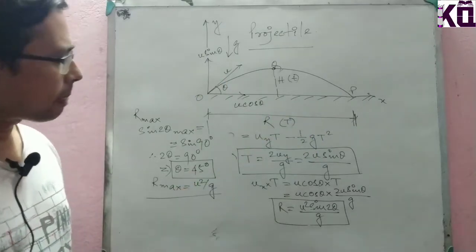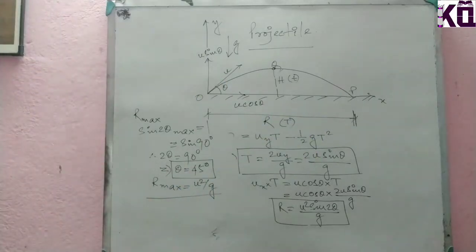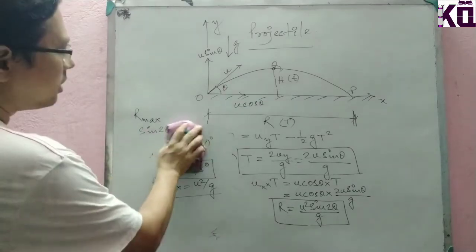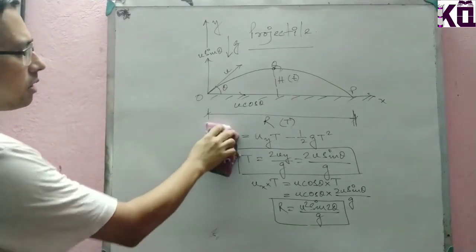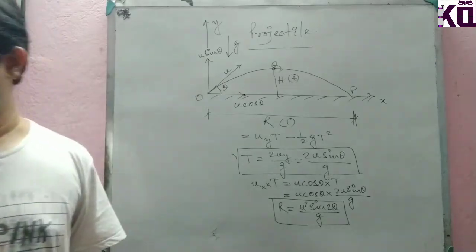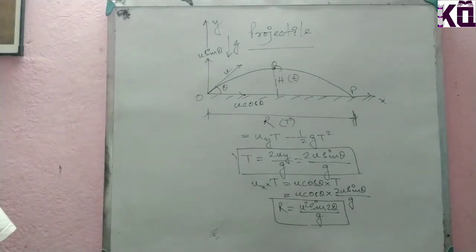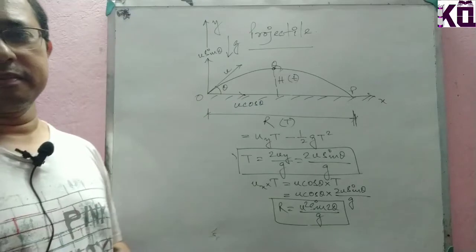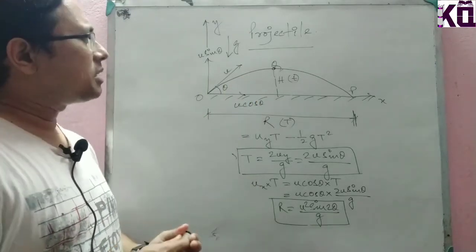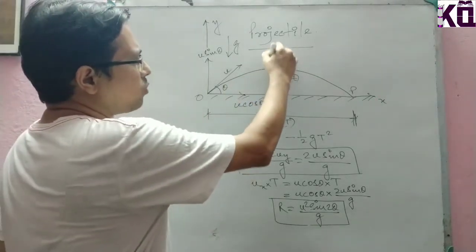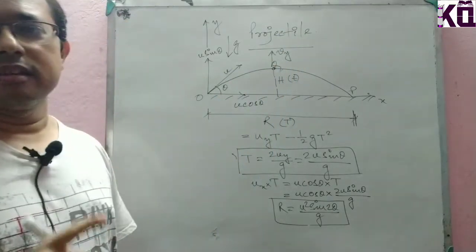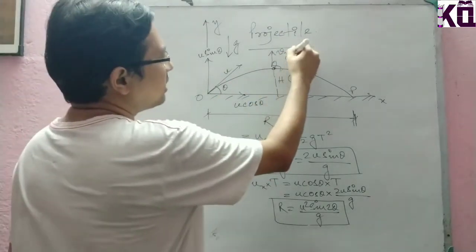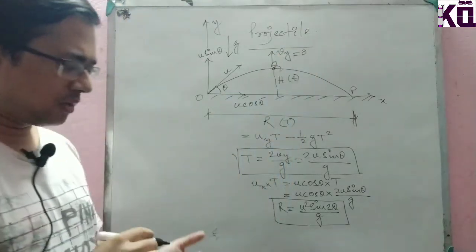Okay. Now come to another part. The body is projected from point O. When it reaches its maximum height, what happens? The velocity in the y direction must be 0.